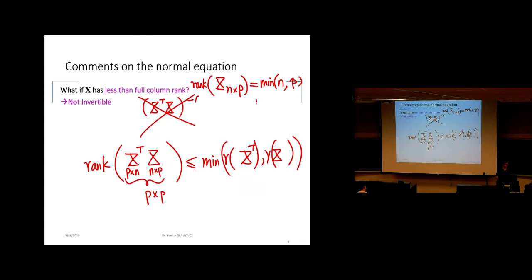So when p is larger than n, what will happen? When p is larger than n, the rank of X will be smaller than p.